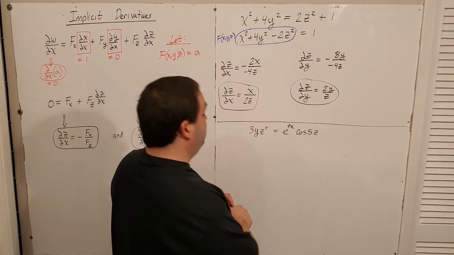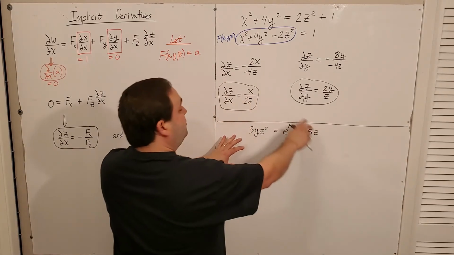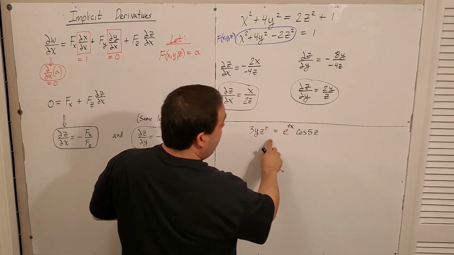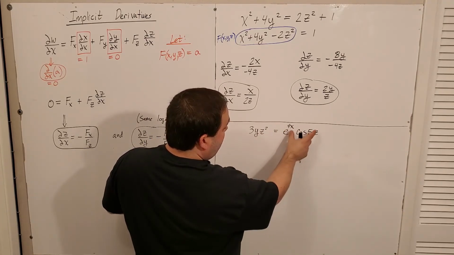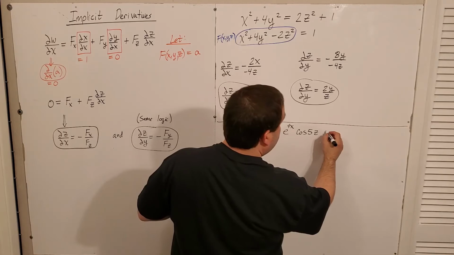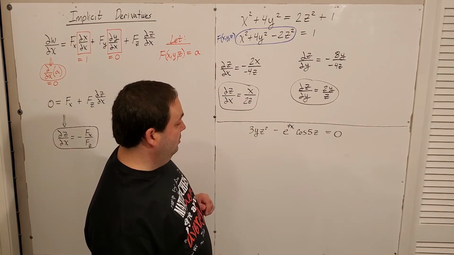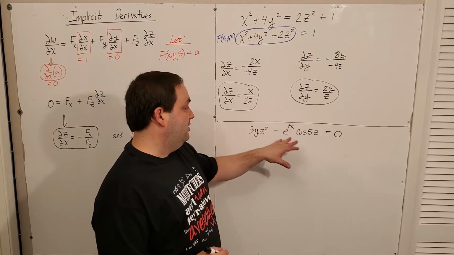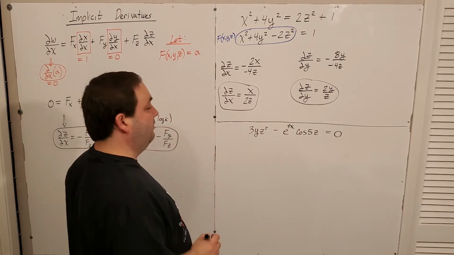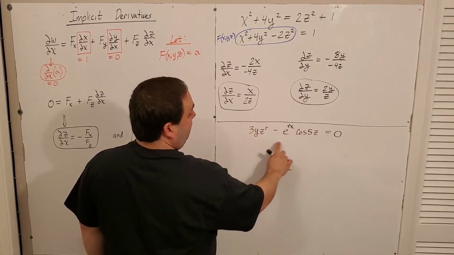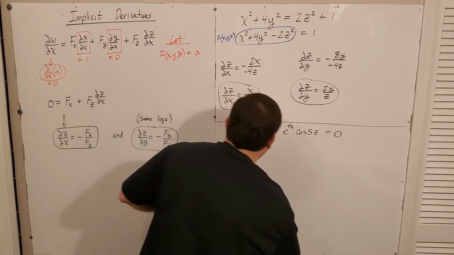Okay? So first and foremost, I need to have some expression of x, y, and z equal to a number, right? So in this case right here, I would subtract this over, and really this is what you would get, right? I know I cheated a little bit there because I'm on a marker board. Okay, so I just subtracted that piece to the left-hand side. And now this expression right here is my capital F of x, y, and z.